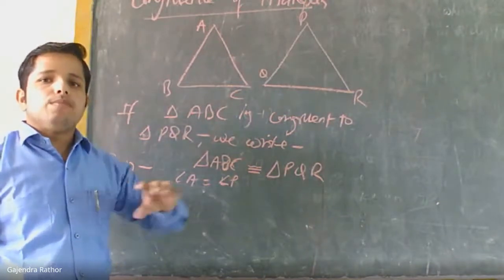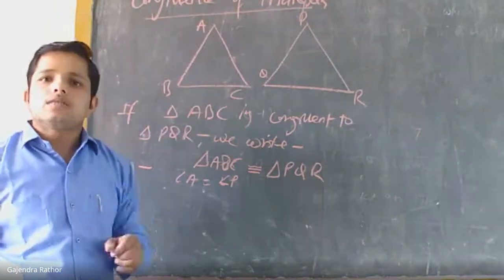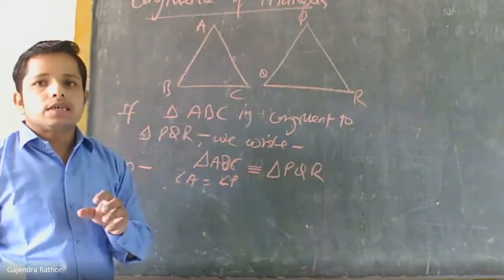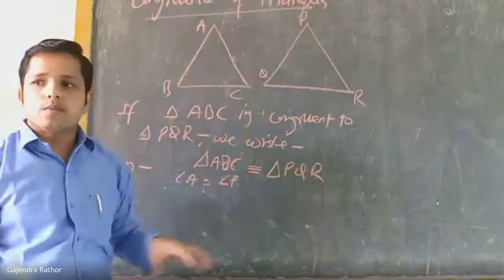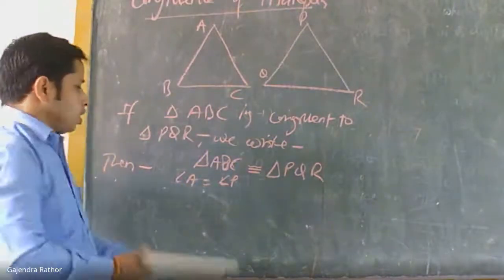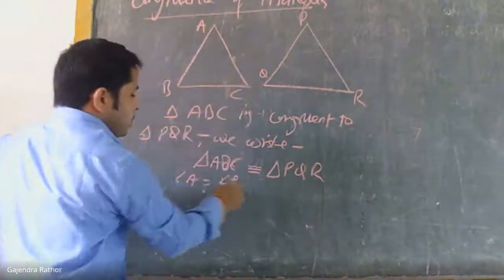Corresponding means they have the same position. In transversal and parallel lines, we discussed corresponding angles. So same here, corresponding parts. What is the corresponding angle to angle A? That is angle P.